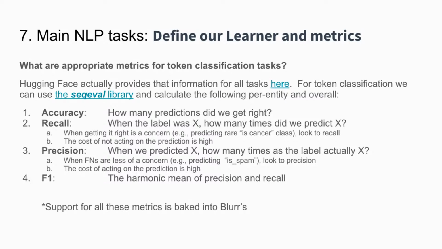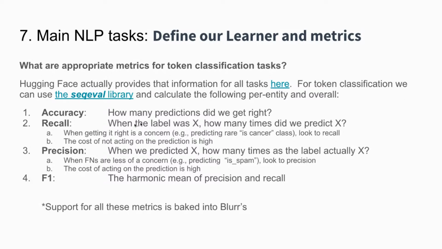And it's built on top of the Seek eval library, which is also used in Hugging Face. If you use the datasets metrics, this particular task uses the same library under the covers, I believe. And there's different things you can choose from. And the answer as to which one to choose is it depends what you're trying to do.